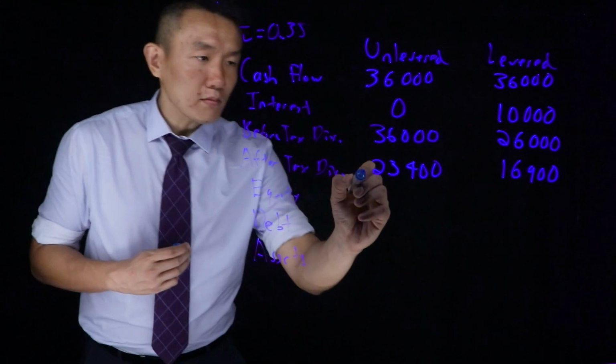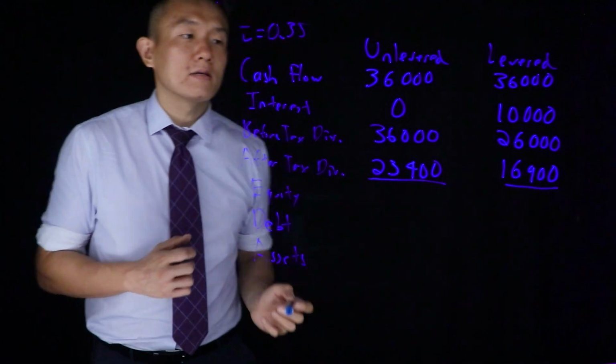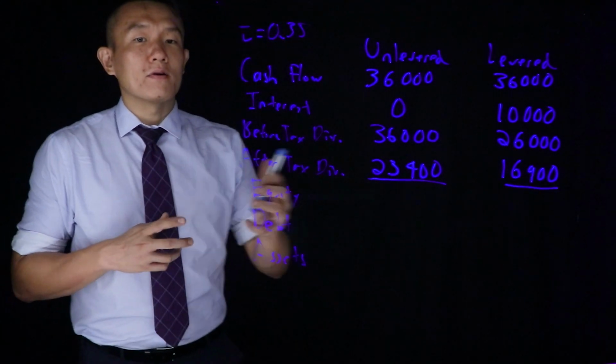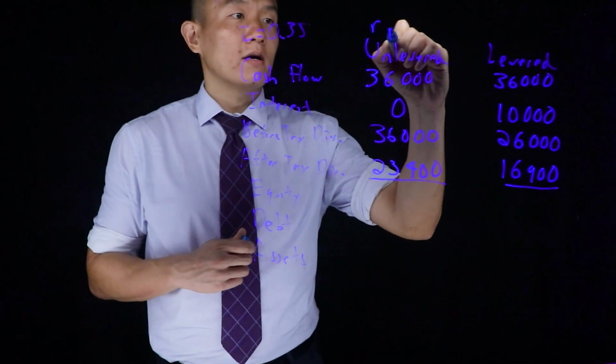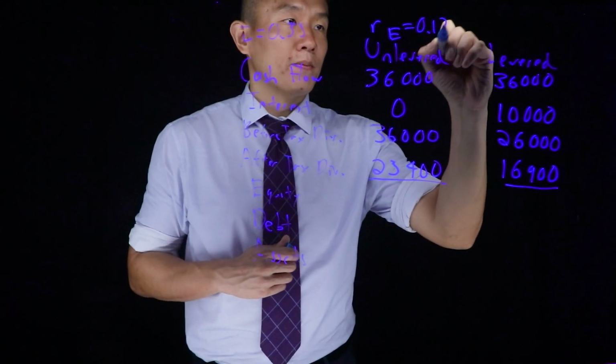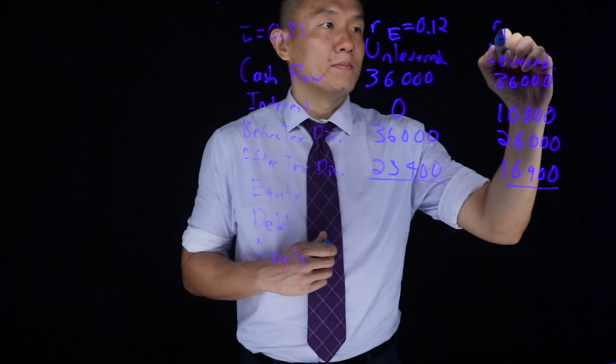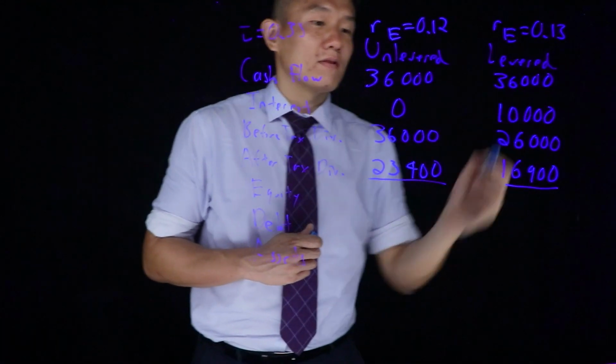So we're going to use these to get the firm's value of equity. Well, if you recall, the return on equity for the unlevered firm was 12% and it was 13% for the levered firm.